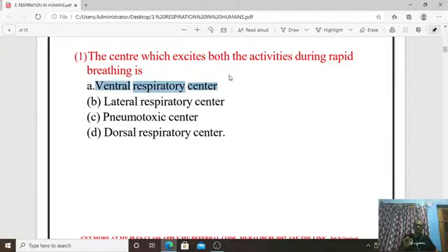Which are both the activities? Inspiration and expiration, that is inhaling and exhaling. Both actions happen very fast, and that is because of the excitation initiated by the ventral respiratory center of the brain. So first question, answer is A.